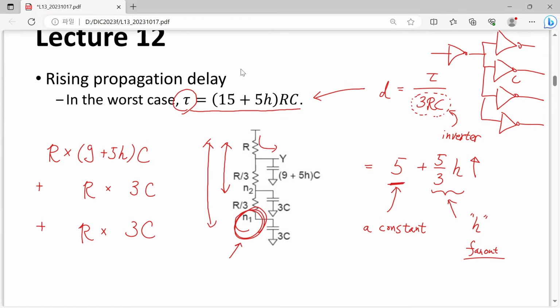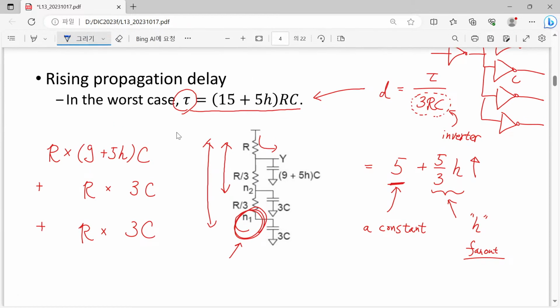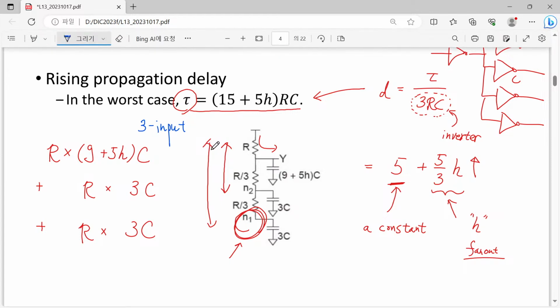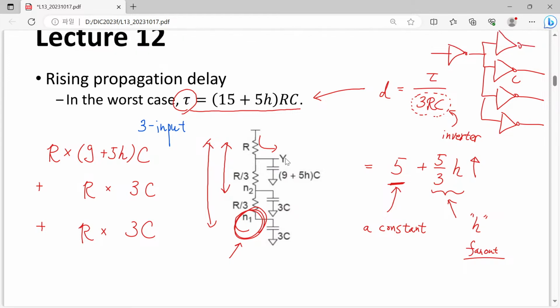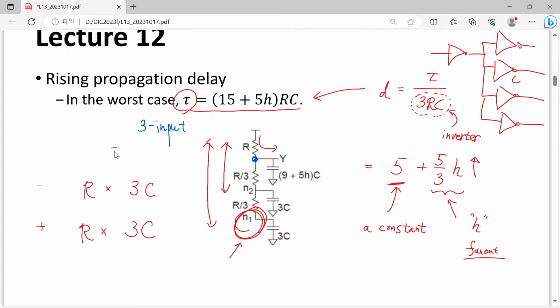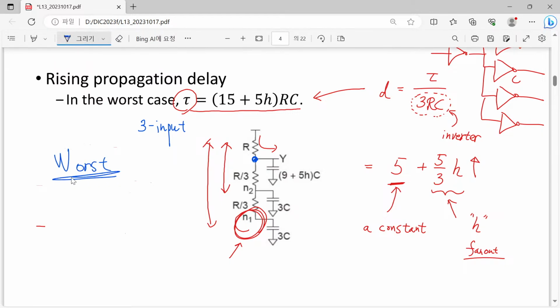This is obtained from a more complicated case like the 3-input NAND gate. Previously you have considered the situation like charging, and here, in order to calculate the propagation delay, first of all we have to understand propagation. In the case of propagation delay, we must find out the worst case.